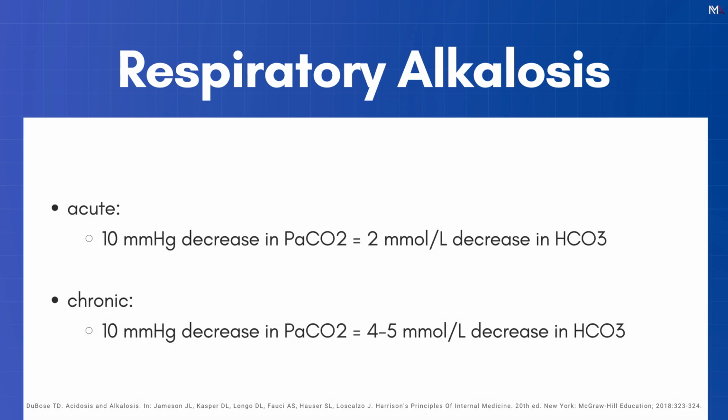So for acute respiratory alkalosis, in every 10 mmHg decrease in PaCO2, there must be a 2 millimoles per liter decrease in bicarbonate. While in chronic, which is more than 3 to 5 days, in every 10 mmHg decrease in PaCO2, there must be a 4 to 5 millimoles per liter decrease in bicarbonate.